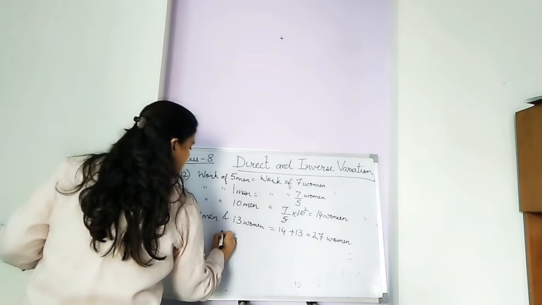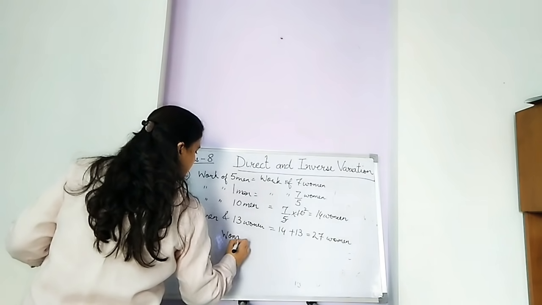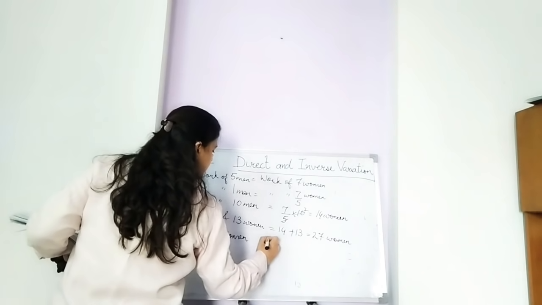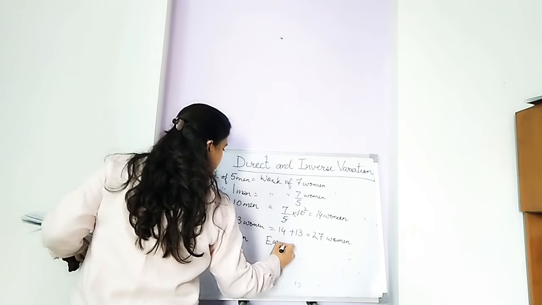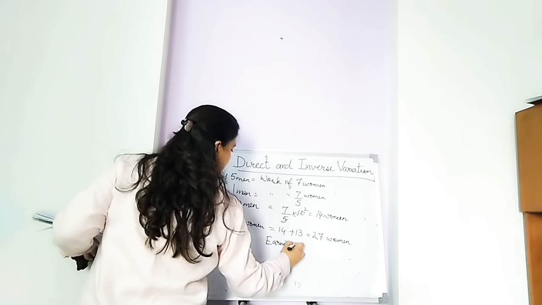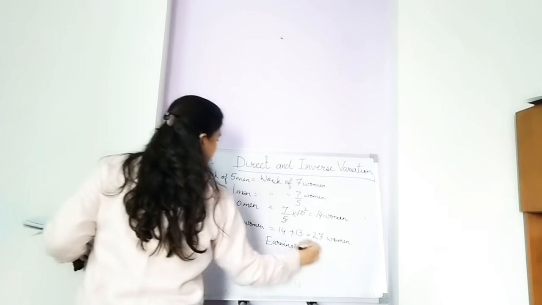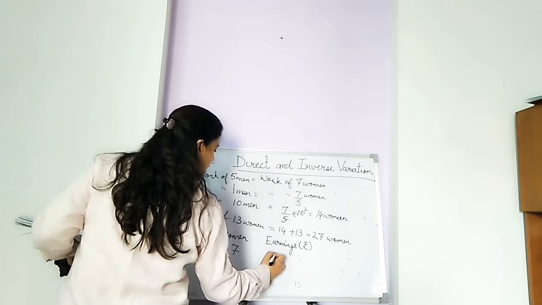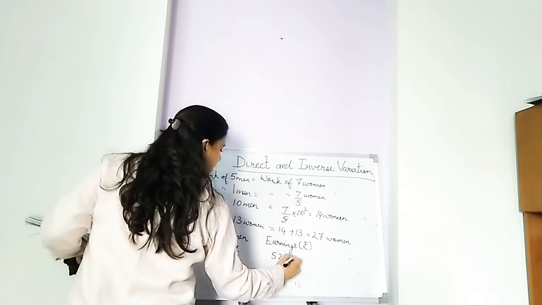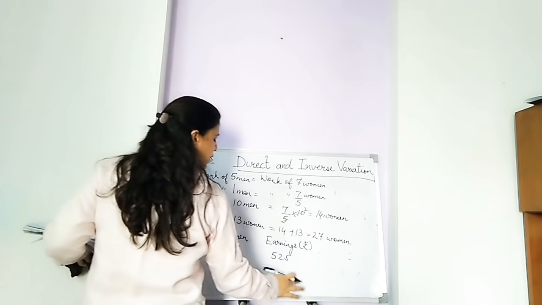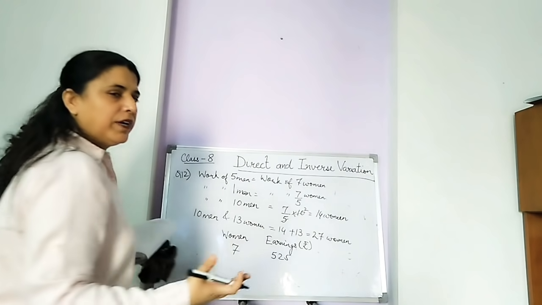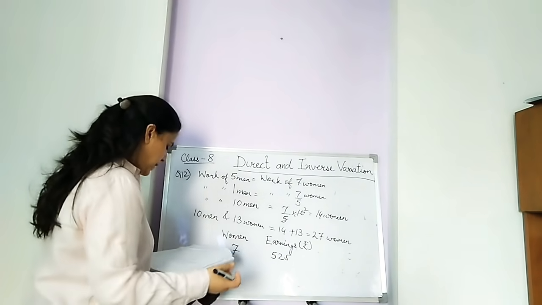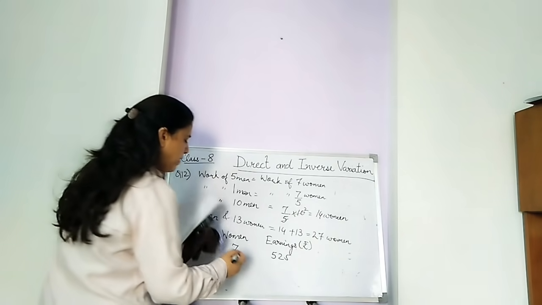Now we'll make 2 columns, women and their earnings. Earnings will be in rupees. So 7 women earn how much? Rupees 525. Earning and work are directly proportional, because the more the work, the more the earning. 7 women earn rupees 525.